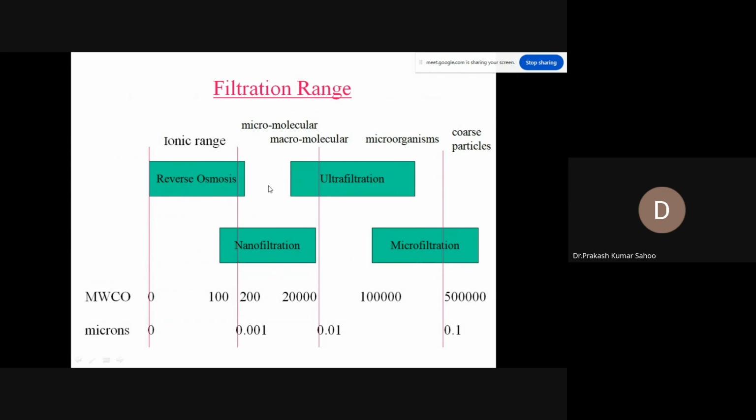So the RO may be applicable to the ionic range. For nano it is the micromolecular or macromolecular range, and for microfiltration or ultrafiltration, we have microorganism separation or coarse particles. And this is the molecular weight, MW, of the compound.